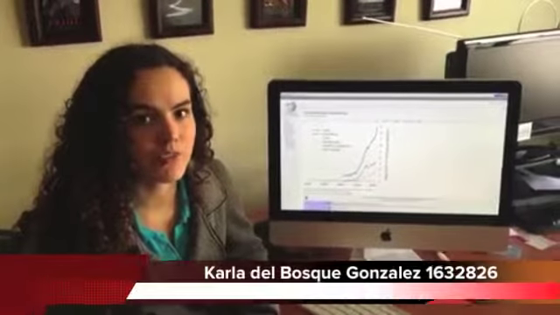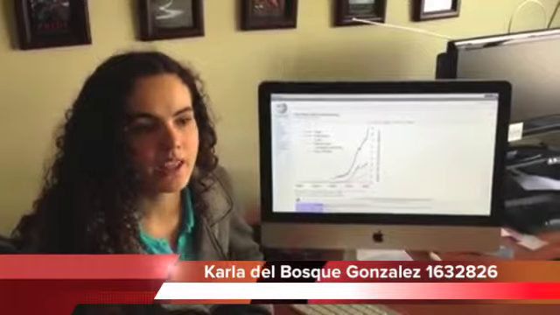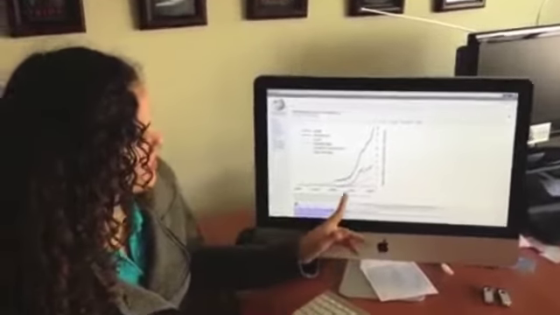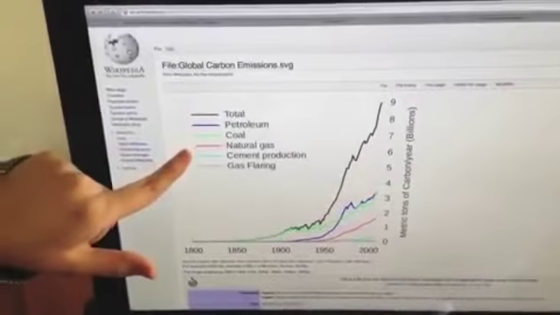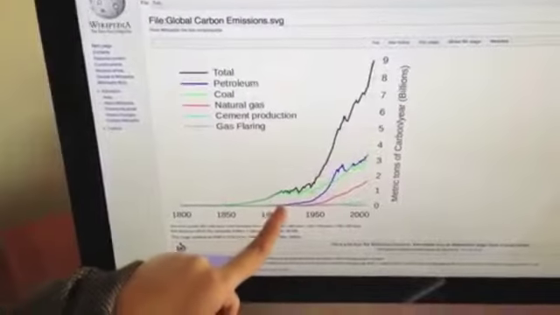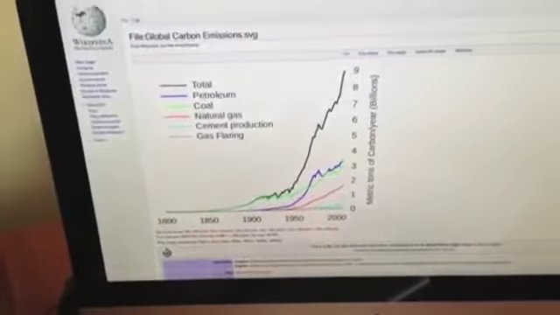Now we're going back to the studio with Carla, who is going to show us the increase of carbon dioxide in the atmosphere. Now I'm going to show you a graphic which shows the increase of carbon emissions over the past years. You can see here the total of petroleum, coal, natural gas, cement production, gas flaring, and here we can see the big increase through the past years.